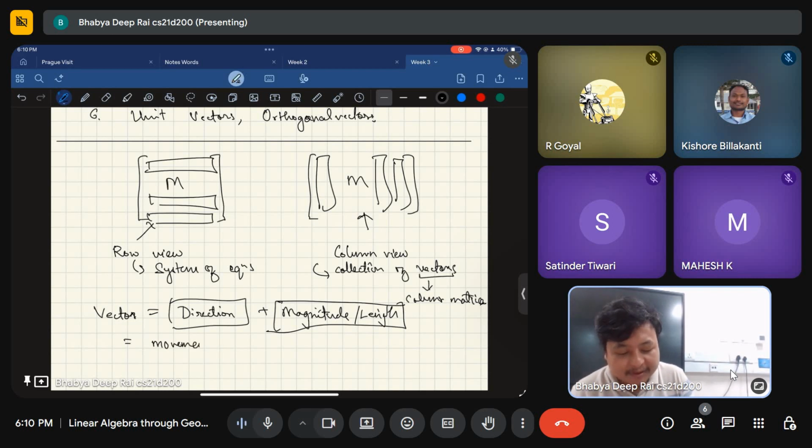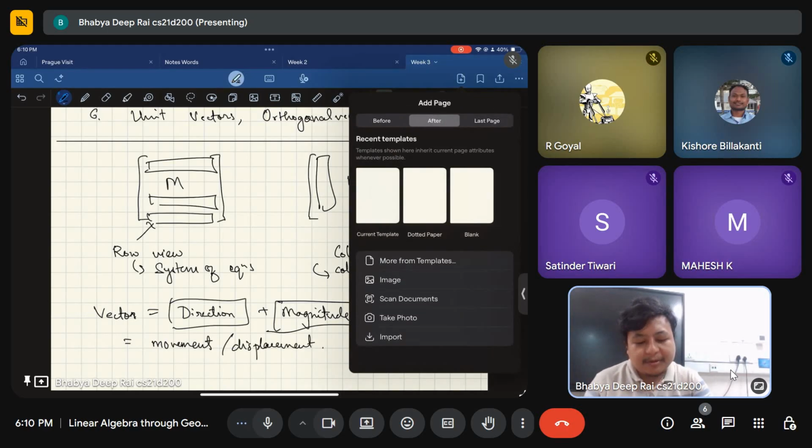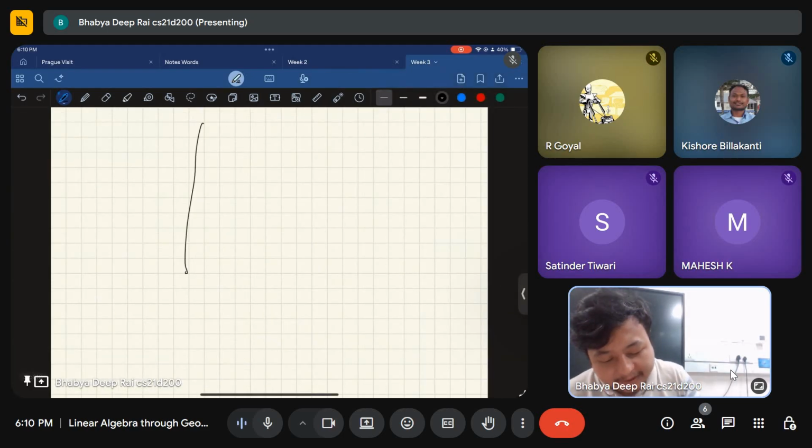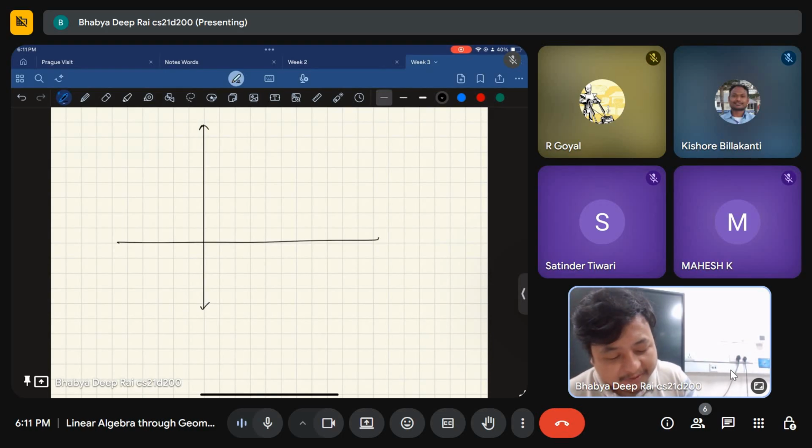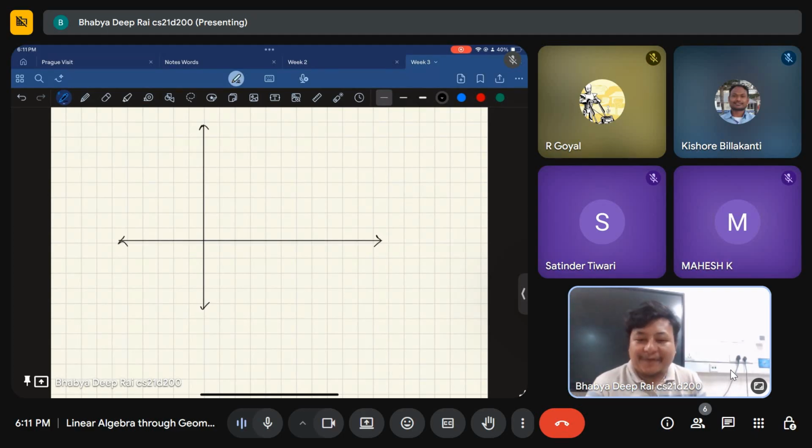Now, if I have, let's say, a vector 3, 4, and this is my graph plot, then if you plot 3, 4 as a point, it'll be 3 on the x-axis and 4 on the y-axis, so this point.